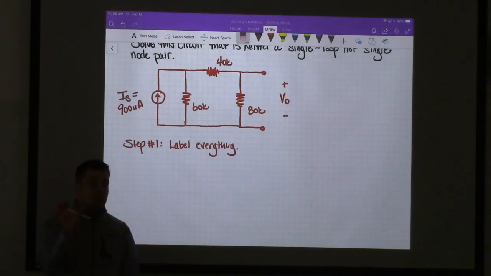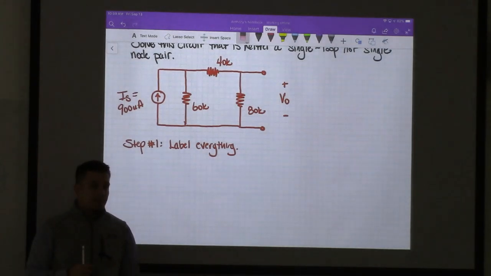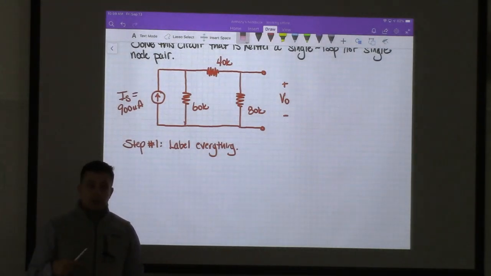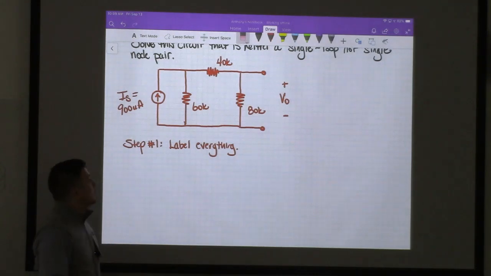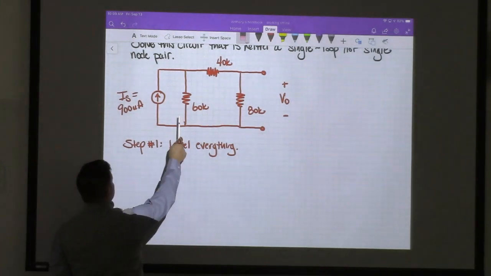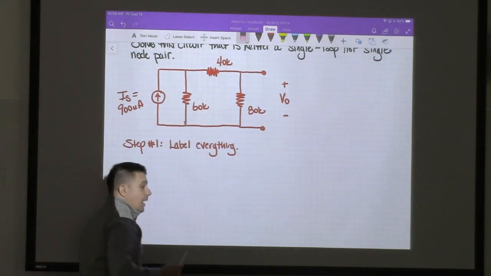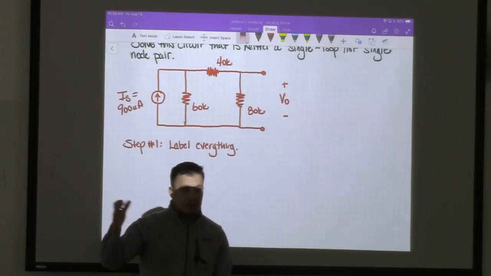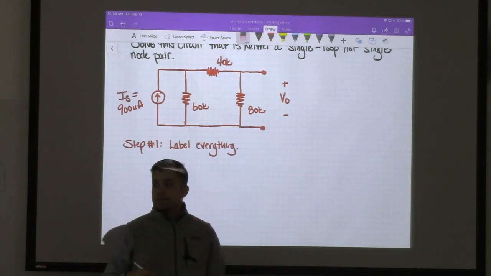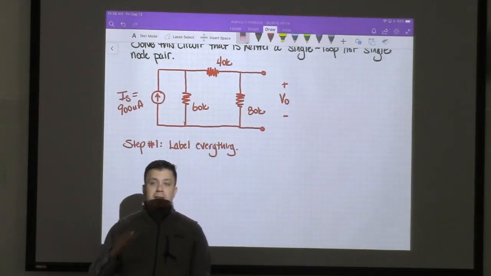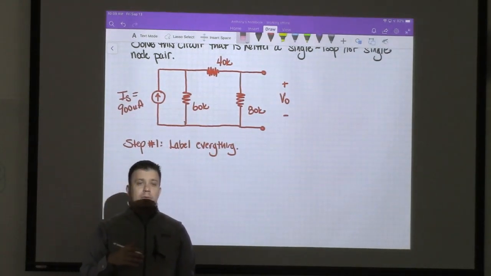The simplest version of that fulfills both of those. And then you could solve for the voltage across these two nodes, and then you have to break it back out and get the rest of the values, because you will lose resolution when you combine it down.